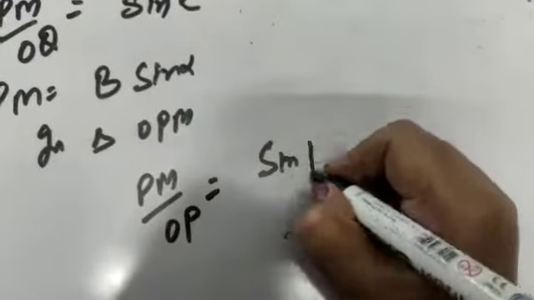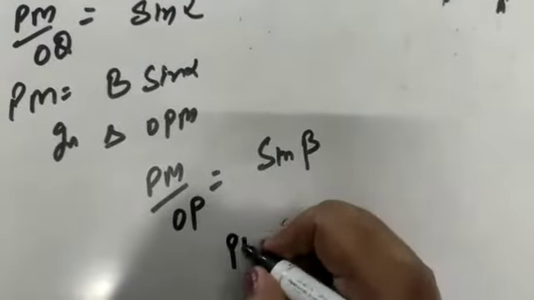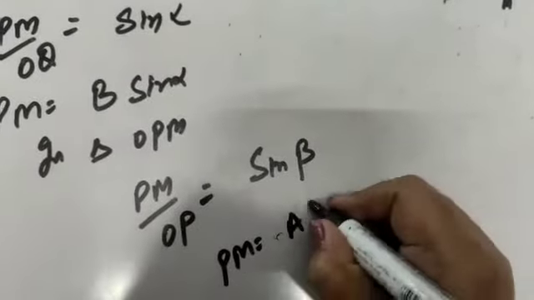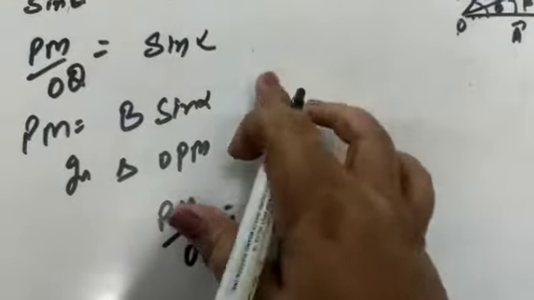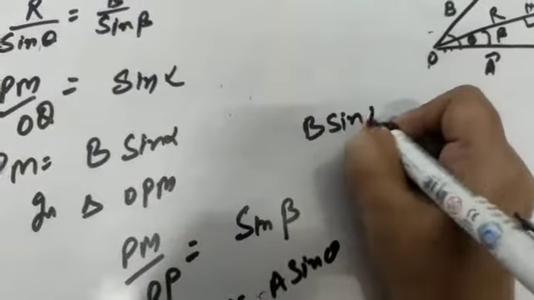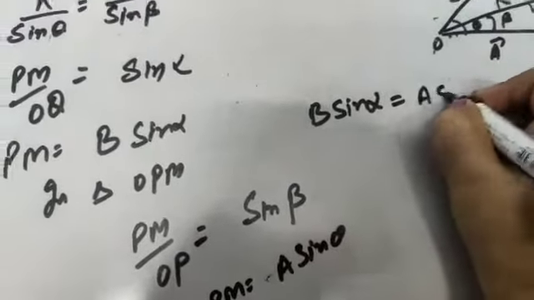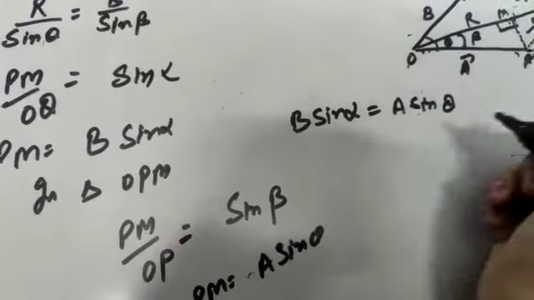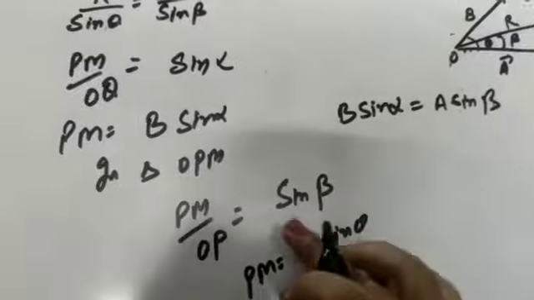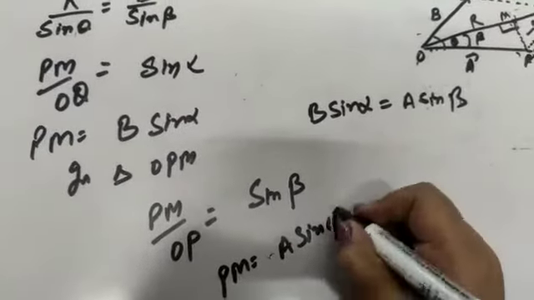So PM is equal to OP, which is A, sine beta. So equating the two values of PM, B sine alpha is equal to A sine beta, right?